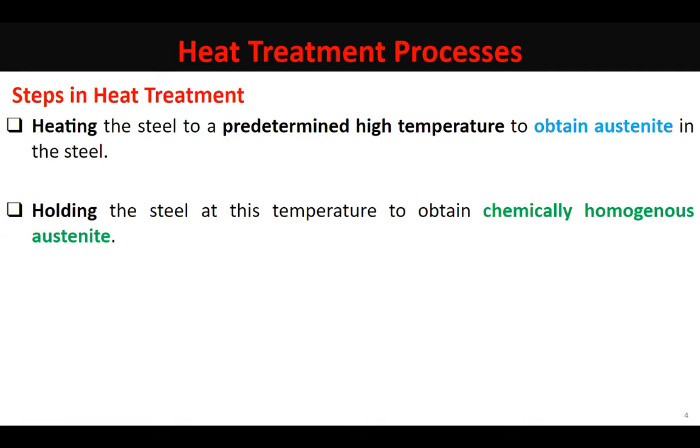So as you heat the steel towards the heat treatment temperature, pearlite and cementite become unstable because they are low temperature phases. Ferrite starts changing to alpha iron, from alpha iron to gamma iron, and cementite starts getting dissociated. It starts liberating its carbon, which starts traveling towards the freshly formed alpha iron.